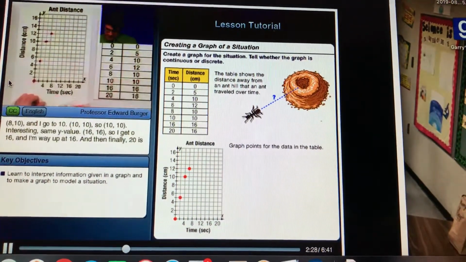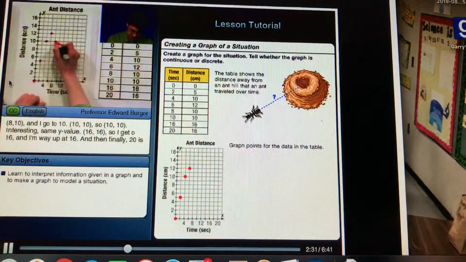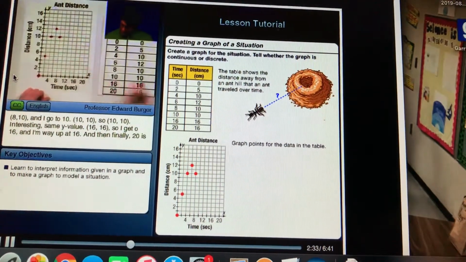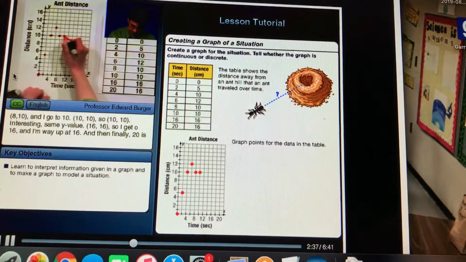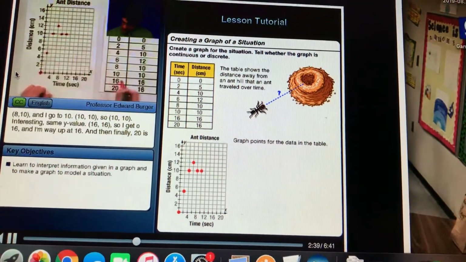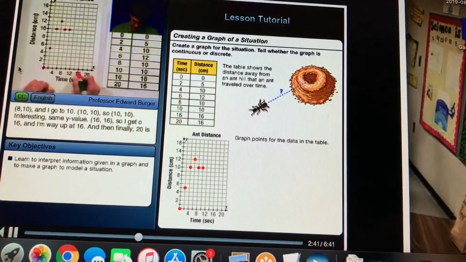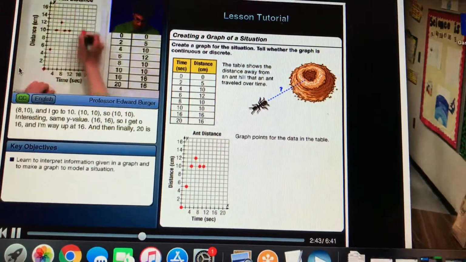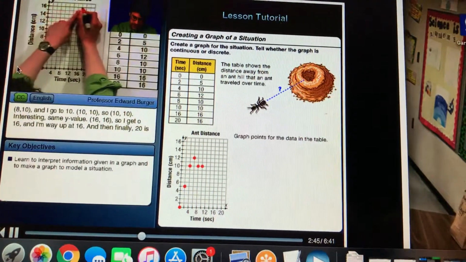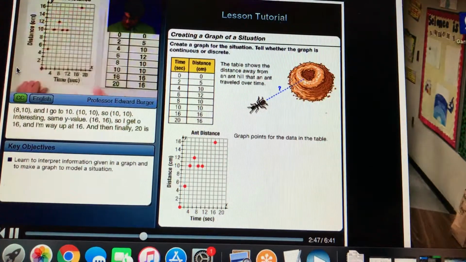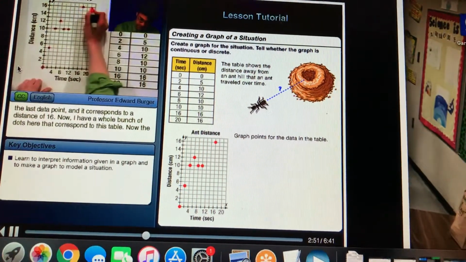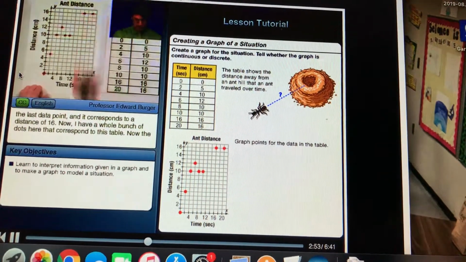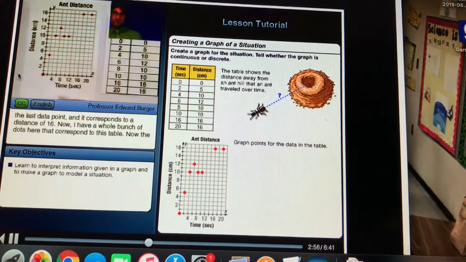Then 8 comma 16, interesting, and I get up to 16. Then finally 20 is the last data point, and that corresponds to a distance of 16. Now, I have a whole bunch of dots here that correspond to this table.